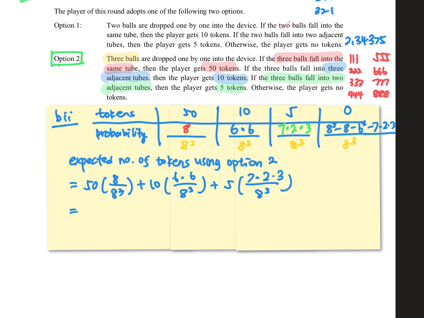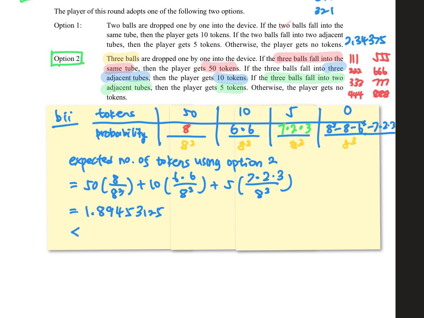Let's see. So the number is quite low. 485 over 256, and that would be 1.089453125.